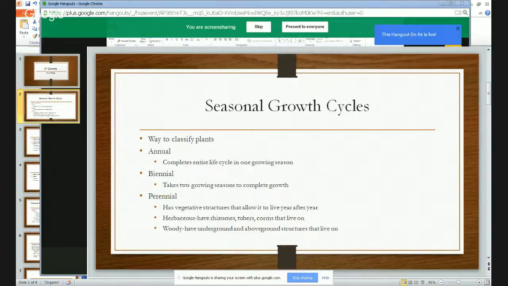You've got your biennials, which are going to take two growing seasons to complete their growth. And then the very last type is going to be a perennial plant.